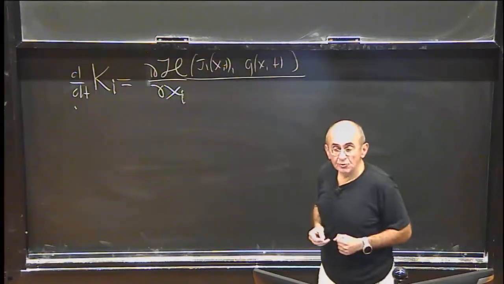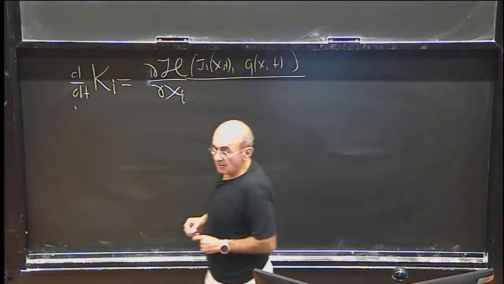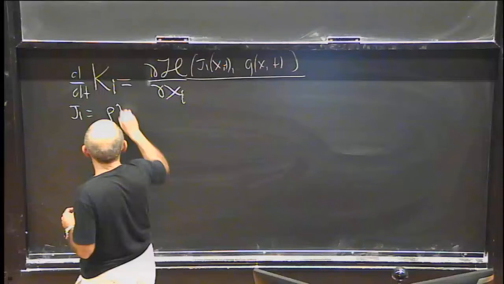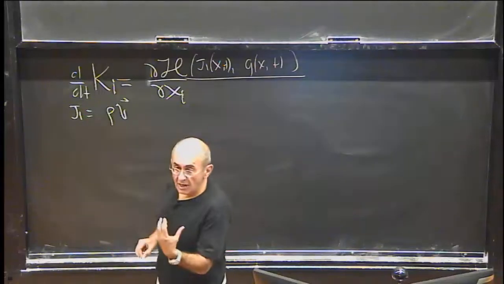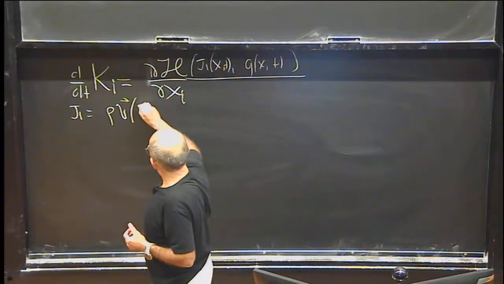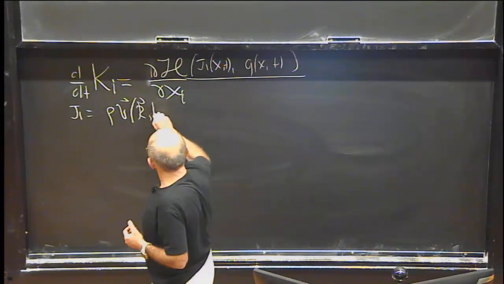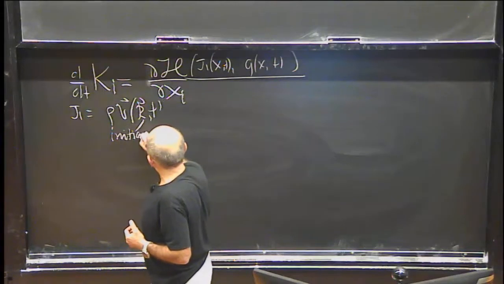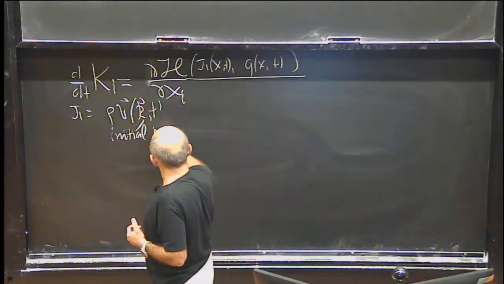Then it is conserved. And for a fluid, where my momentum is rho v, I now consider it as particles, right? So I have v, which depends on some initial position and time. This is the initial position, sometimes also called the marker or Lagrangian coordinate.